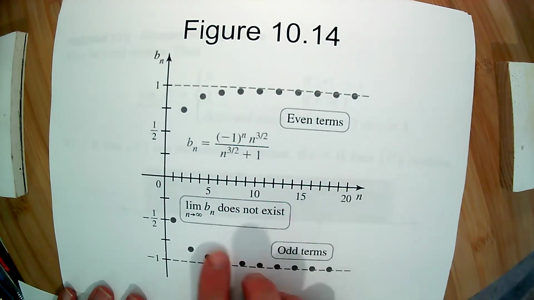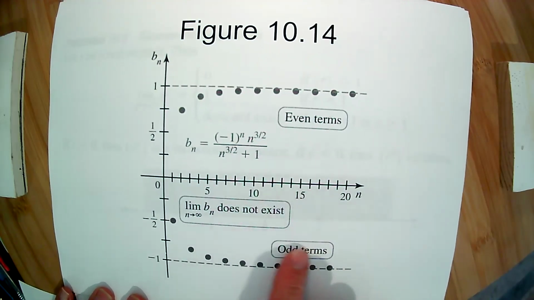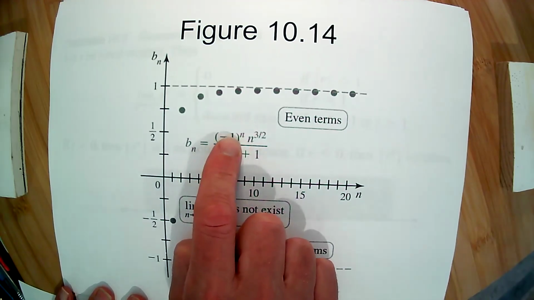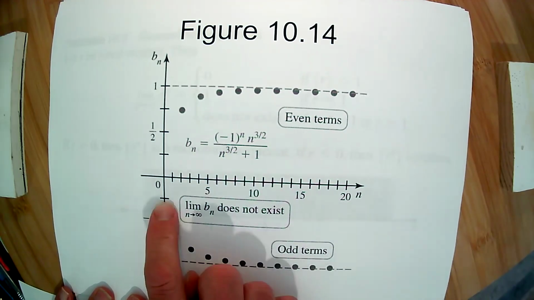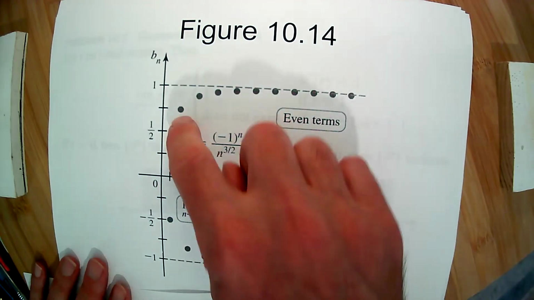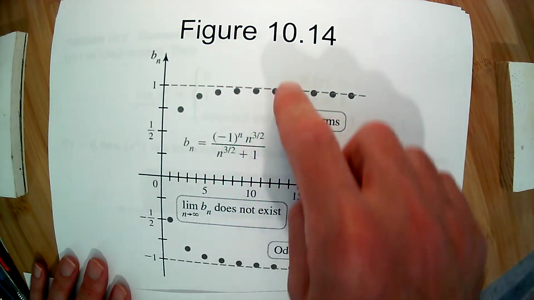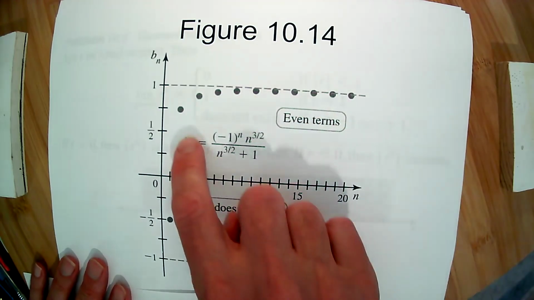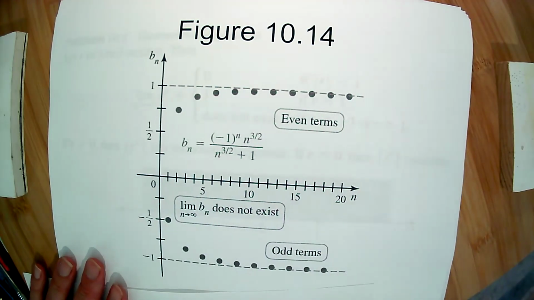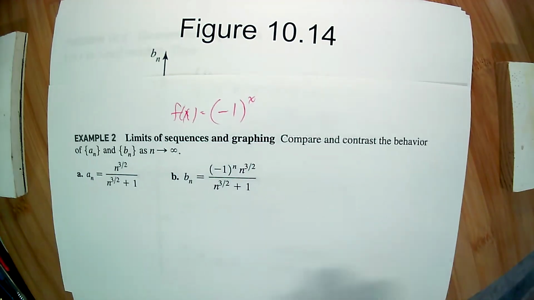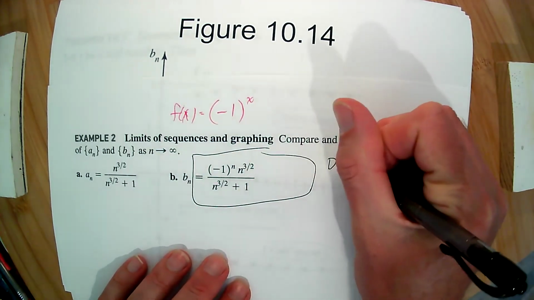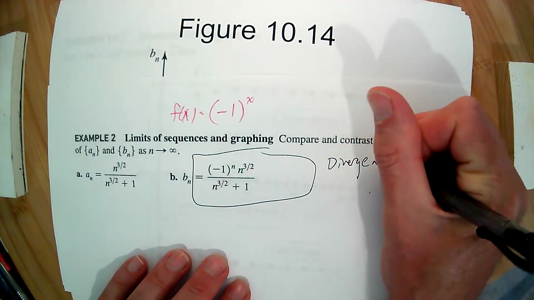And when n is odd, -1 to the n is a negative factor, which makes this whole fraction negative, and they go down here. So what you can see is that this function bn goes back and forth between above and below, right? But these ones go towards 1, these ones go towards -1, and so this one's divergent.